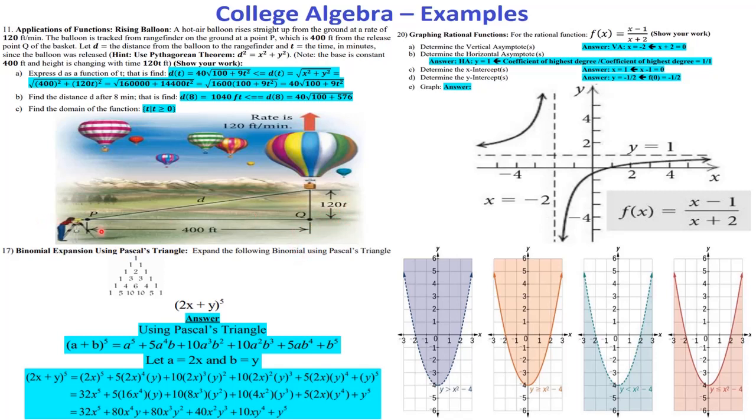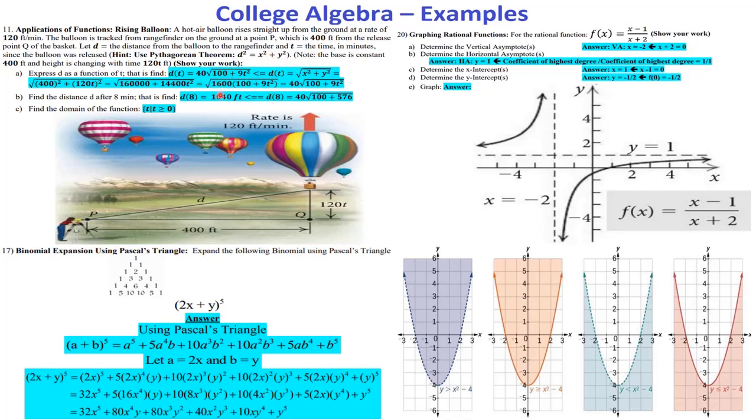The distance between you and the balloon is d, and the distance between you and the base is 400, which is constant. So d is the square root of x squared plus y squared.